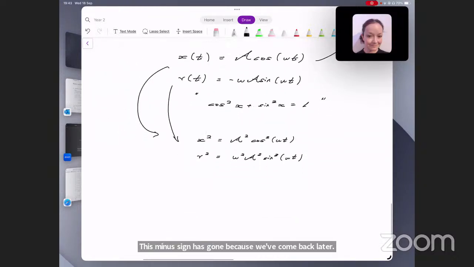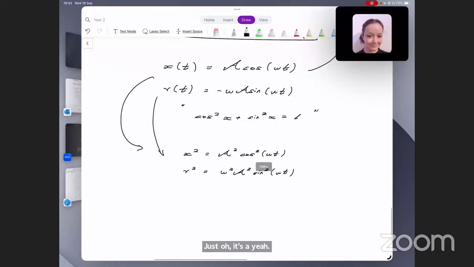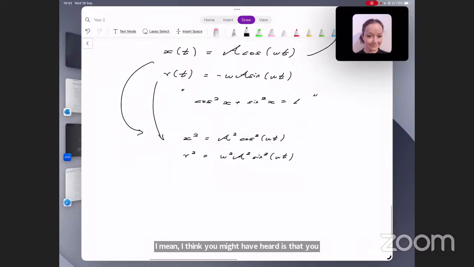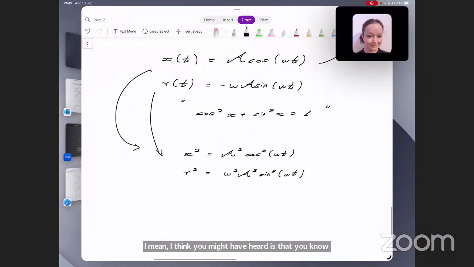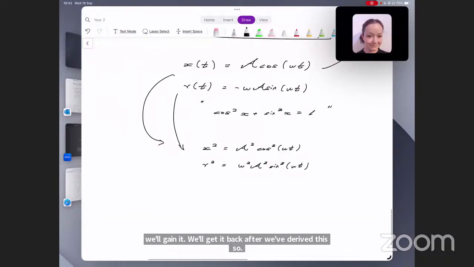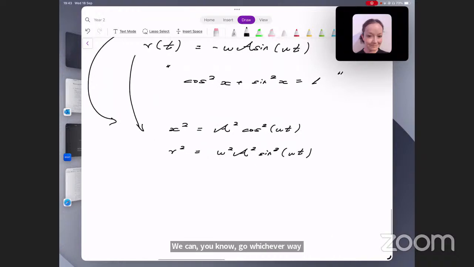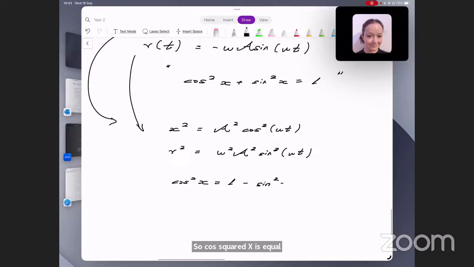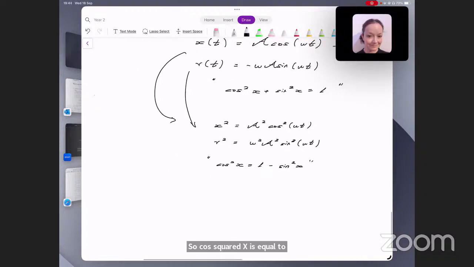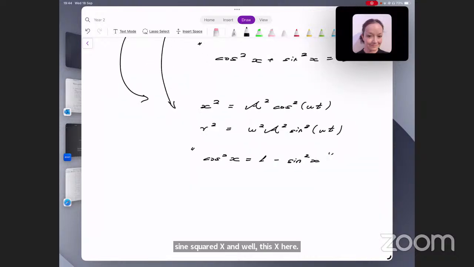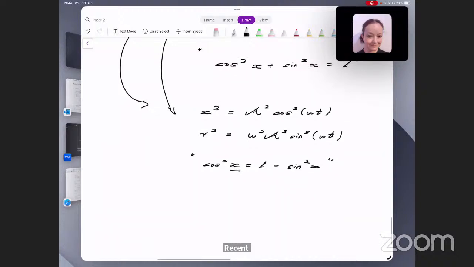It's an interesting problem. You might have heard that when squaring, you lose information about the equation, but we'll get it back after we've derived this. You can go whichever way you like, but I prefer to change cos into sine. So cos squared x is equal to one minus sine squared x, and this x here I've written in quotes just to show you I've quoted an equation; we can just change this x to omega t.